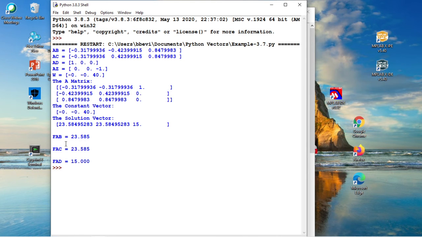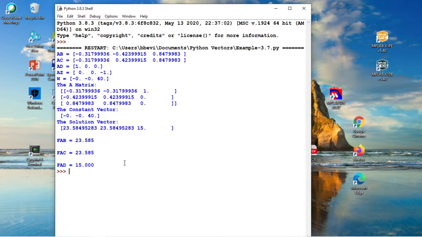And there you go. Along the AB cable we got 23.5 pounds. FAC, we got 23.58, and that's not a big surprise because of symmetry. And then FAD, 15 pounds. So there you go, with just a little bit of time here. Let me bring that back up.